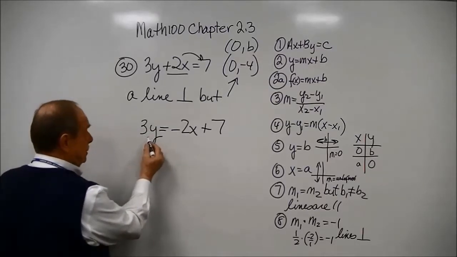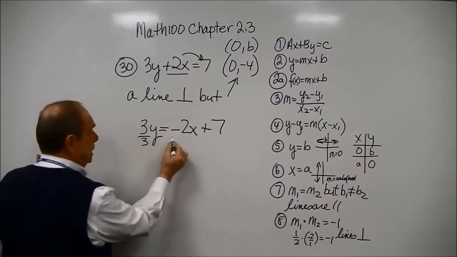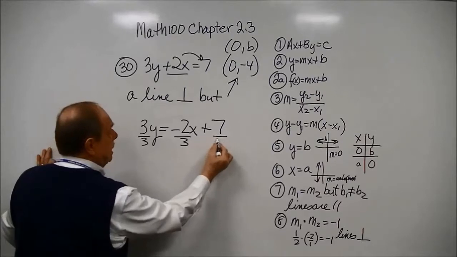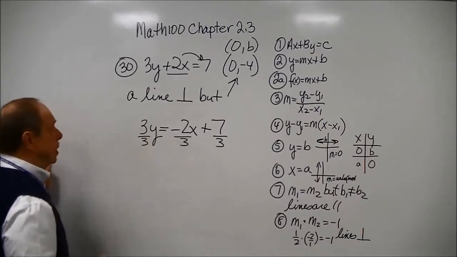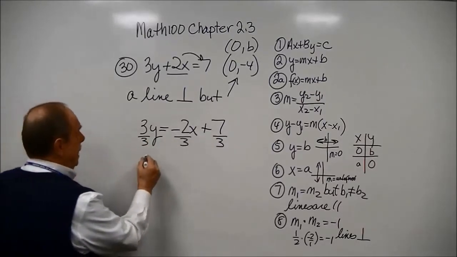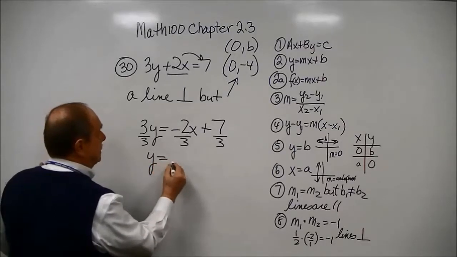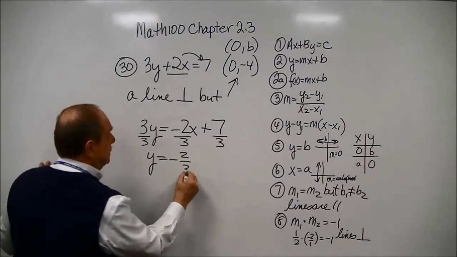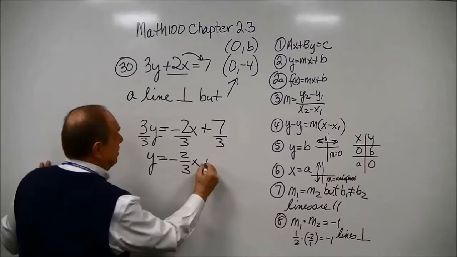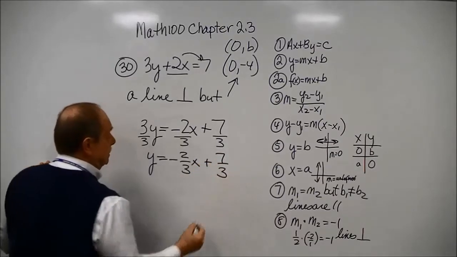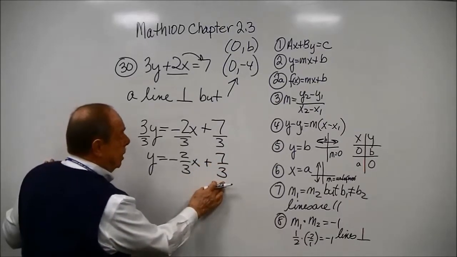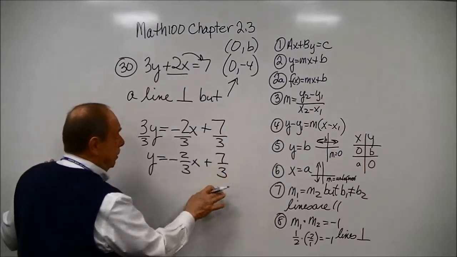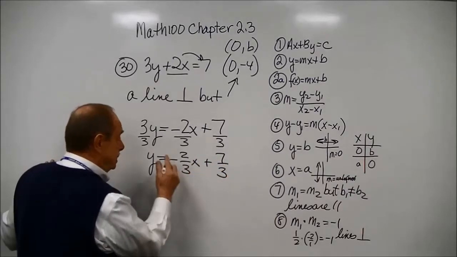Now I'm going to divide everything by 3 as we solve for the letter y. And we get y equals negative 2/3 x plus 7/3. Now this was the original y-intercept. We don't really need that. All we need to look at is this slope.